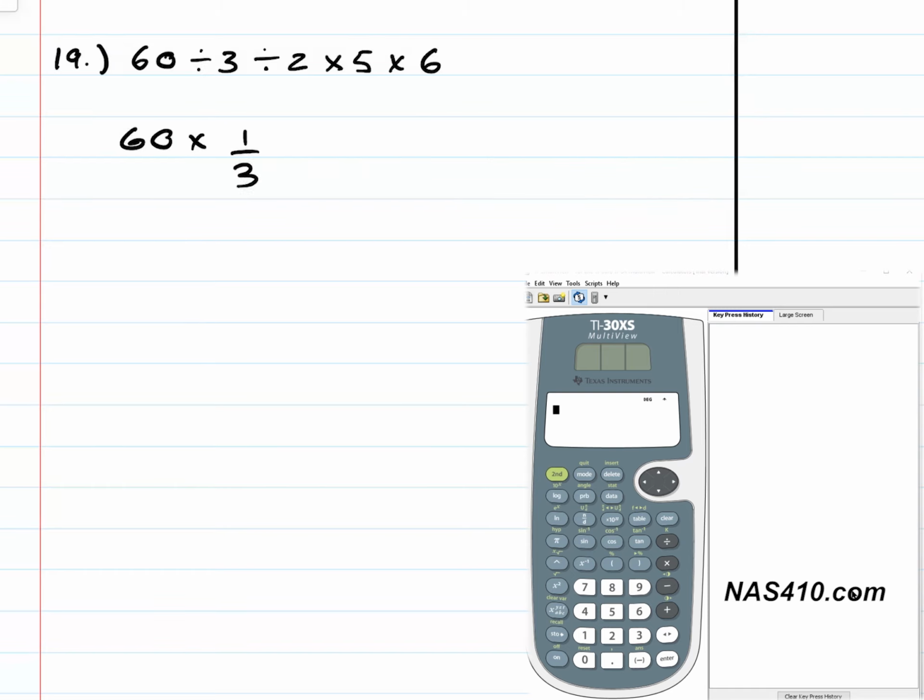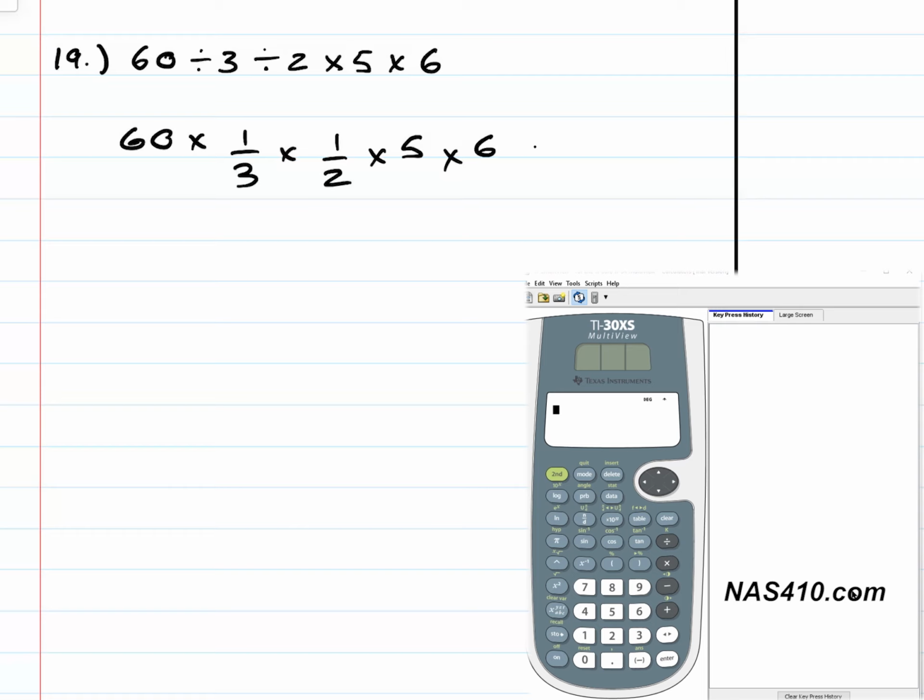Okay, next problem, guys, same thing. I'm going to redefine my division in terms of multiplication. Okay, and so I have 60 times 1/3 times 1/2 times 5 times 6. Okay, and so now I'm going to multiply everything straight across.